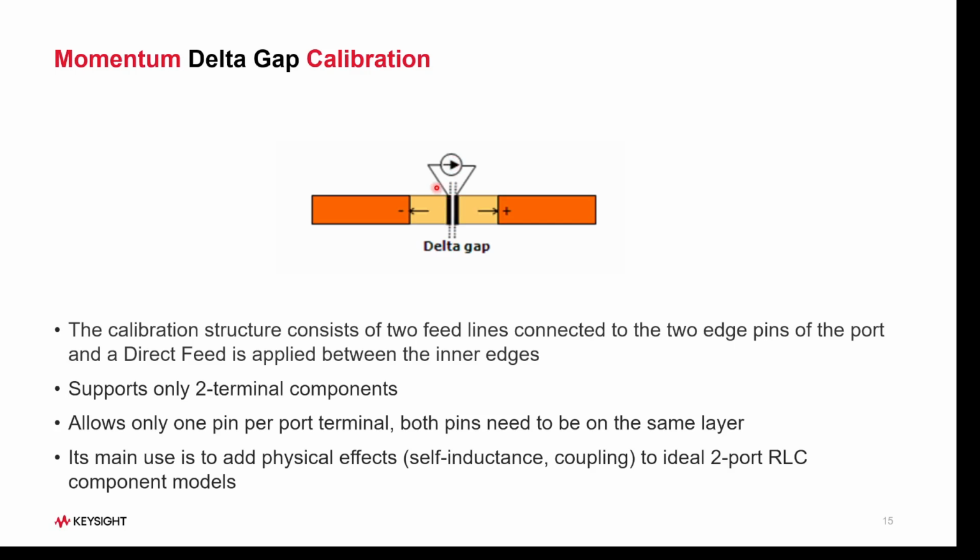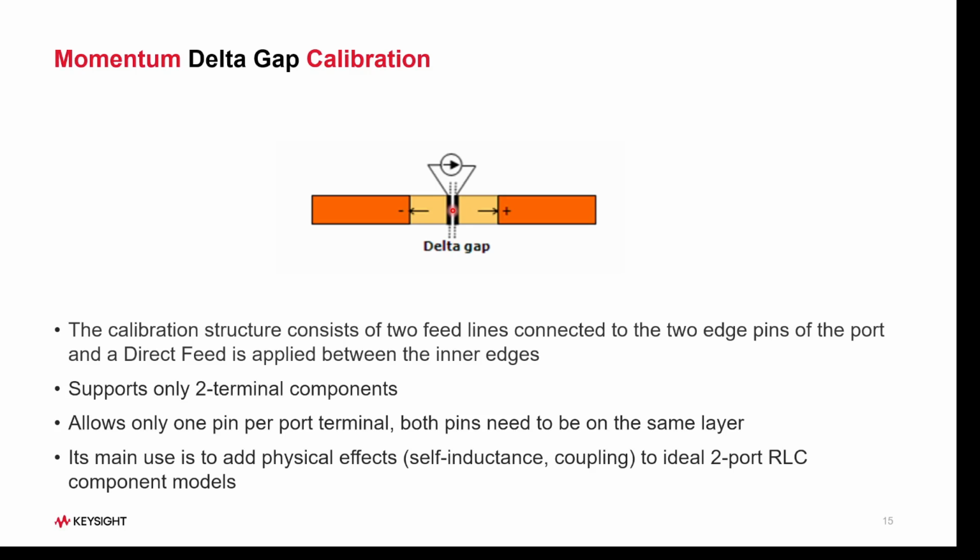Really what this feed is for is to add physical effects. Let's say you can have a component placed here, a resistance for example, and you're going to use an ideal resistor in circuit simulation.